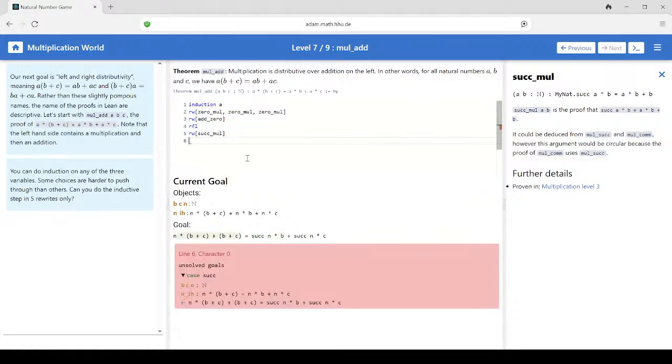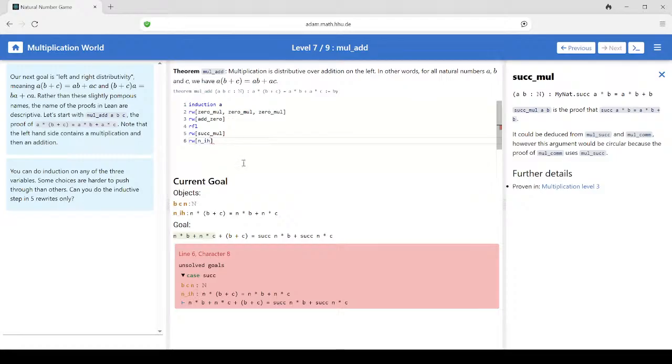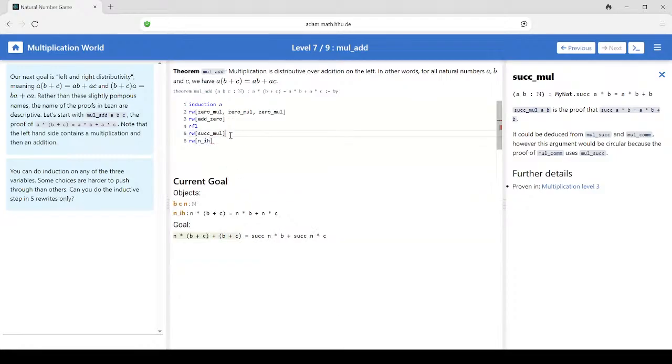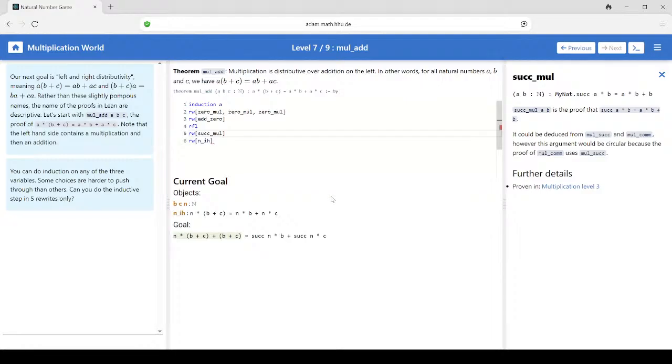I can use my induction hypothesis now. And now we have n times (b plus c) times c plus... I feel like that was simpler before.